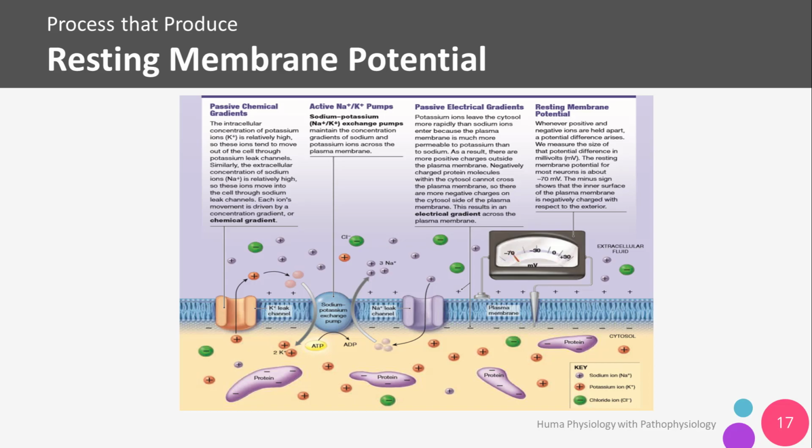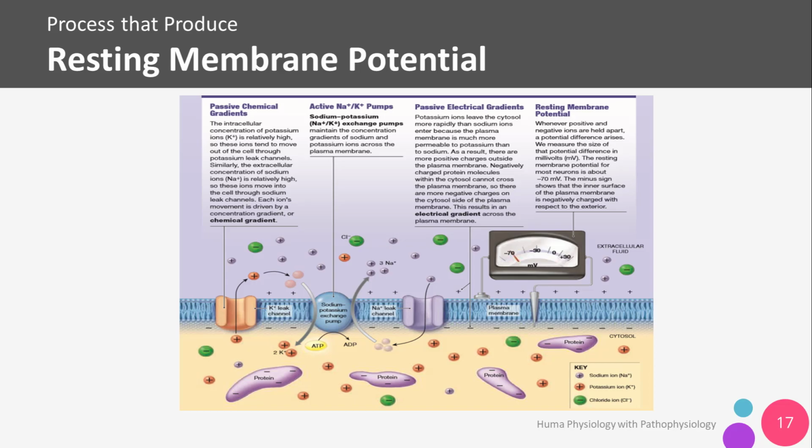The same is true of the sodium leak channel. There is a high concentration of sodium outside of the cell. So according to diffusion, sodium is going to passively leak into the inside of the cell. As potassium leaks out and sodium leaks in, the dynamics of the resting cell will change.